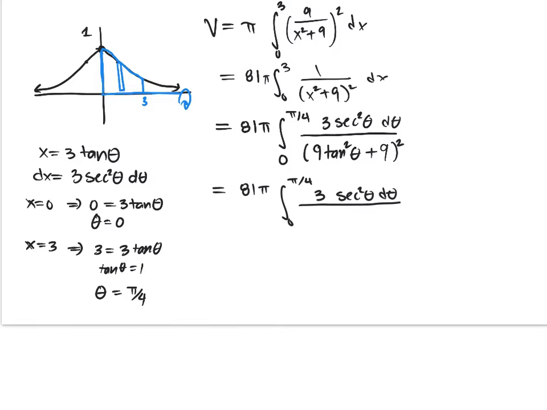So there's no square root here, but what does 9 tan squared theta plus 9 simplify to? 9 secant squared specifically. And it's still squared, right?